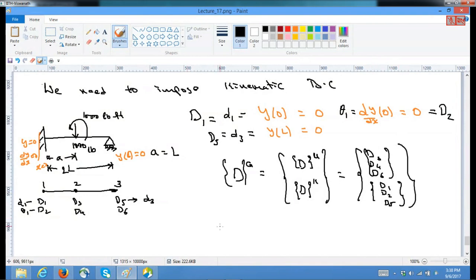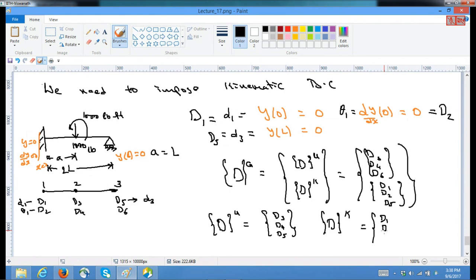So our d unknowns are d3, d4, d6, and our d knowns are d1, d2, and d5, and in our case they all turned out to be 0. So I can write this as du and a 0 vector, which is 3 cross 1.